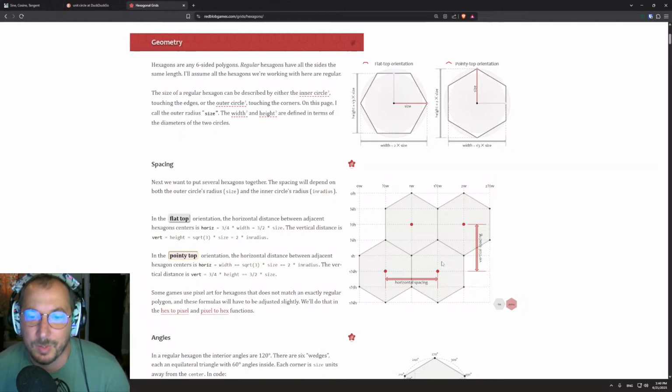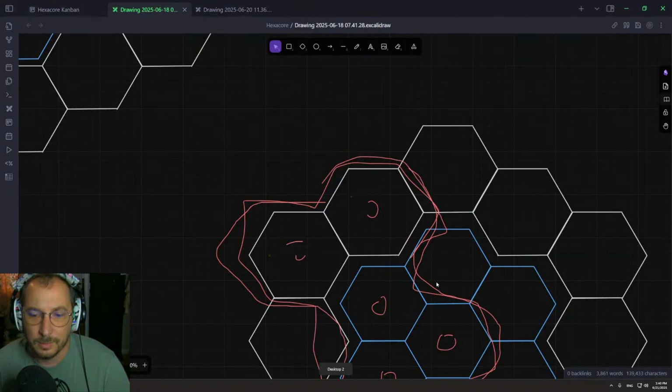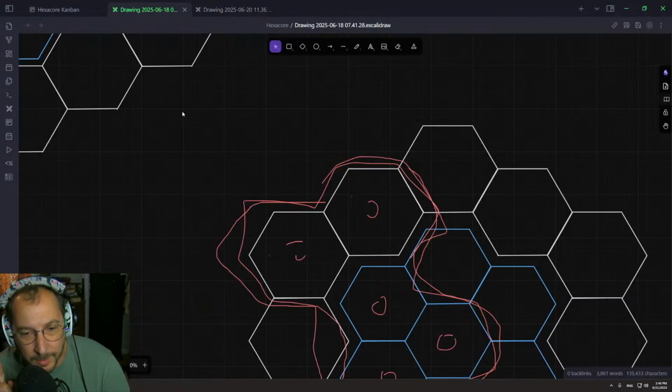Because it's an equilateral triangle, so it's always going to be 60 degrees from something. 0 degrees here, 30 degrees, 0, 60, 120. Look at this. So all we need is the 1 point.